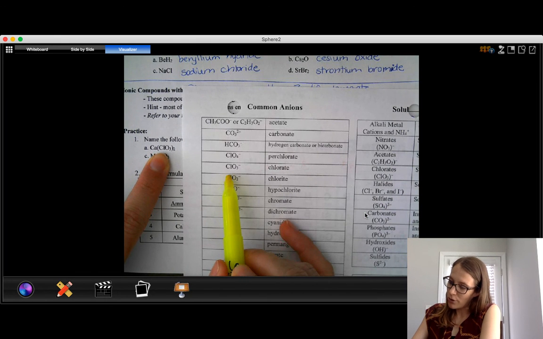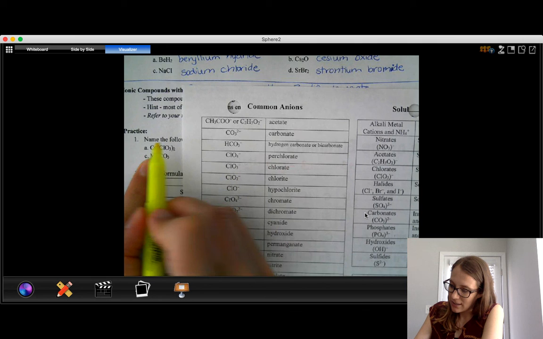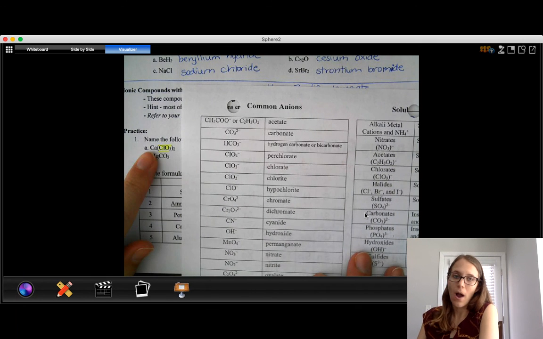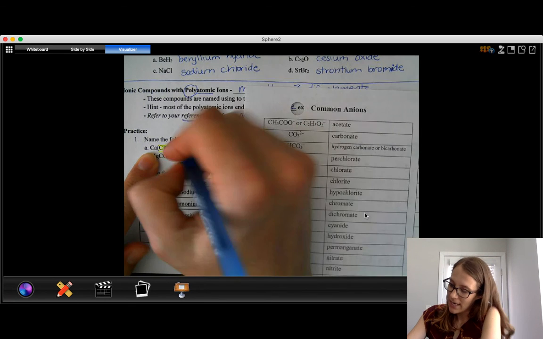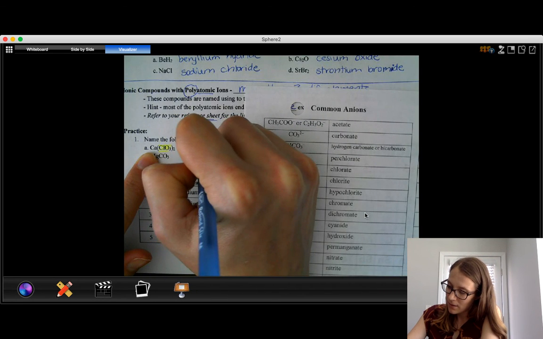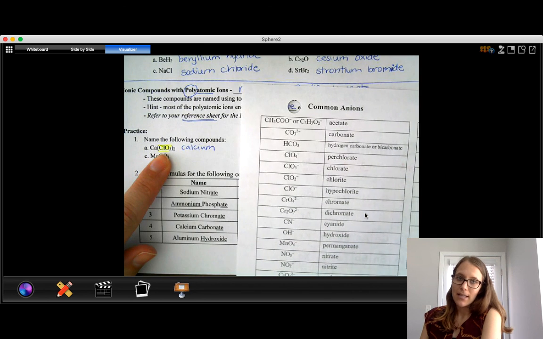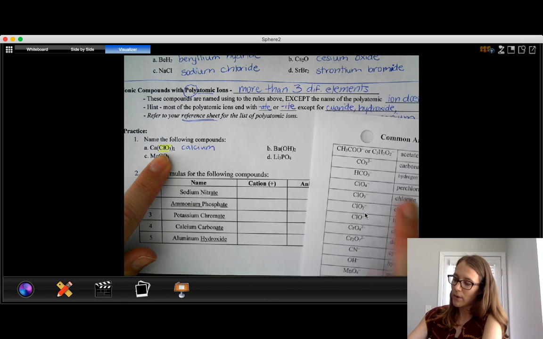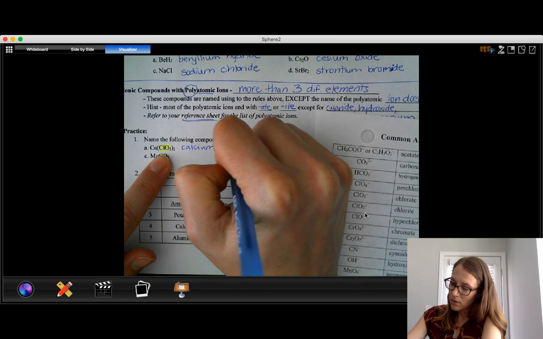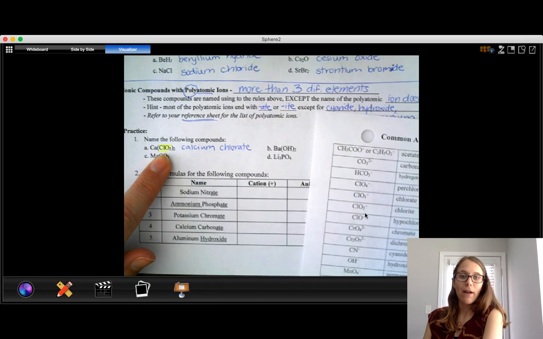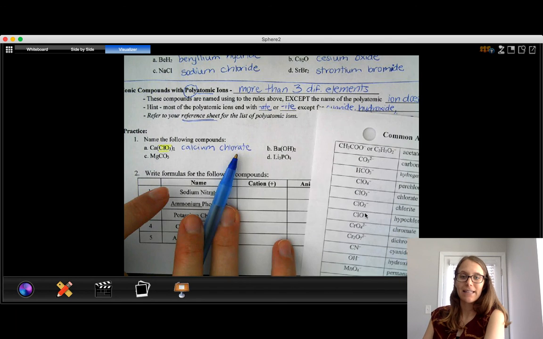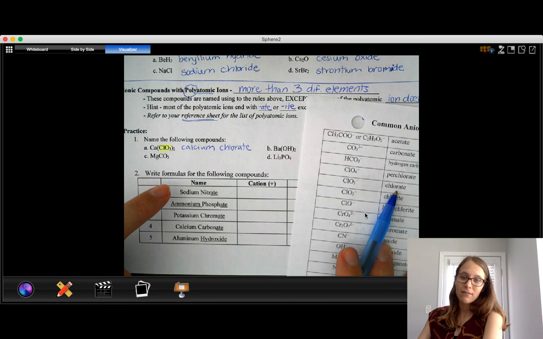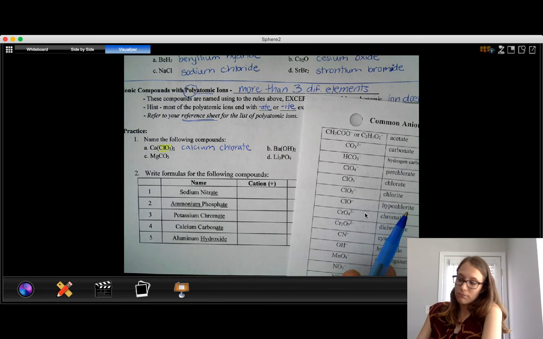So ClO3, right here on my reference sheet, has a name. I'll name the first part first. Ca is calcium. Then I name the second part second. ClO3, according to my reference sheet, is called chlorate. Once I do that, I'm done. I don't have to change the ending. I just wrote it down exactly how I looked it up on my reference sheet, and we're done.